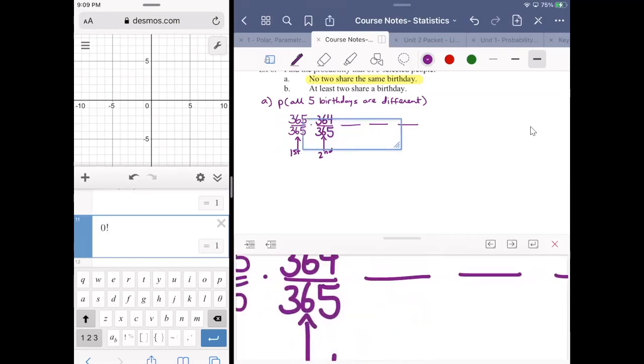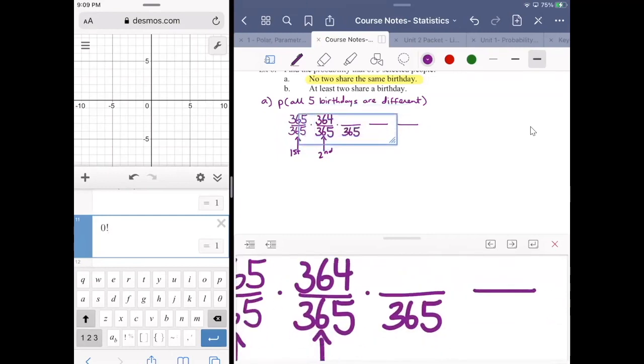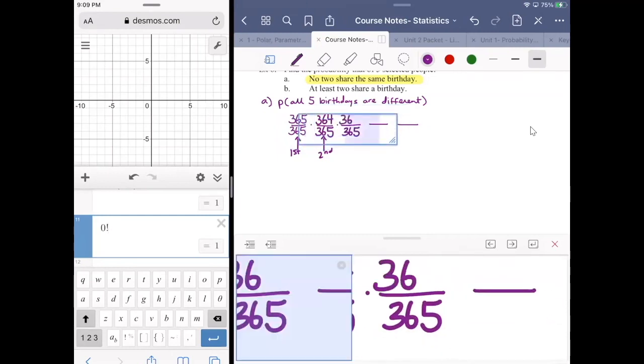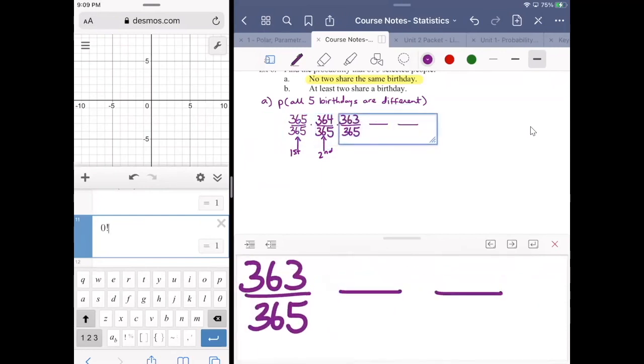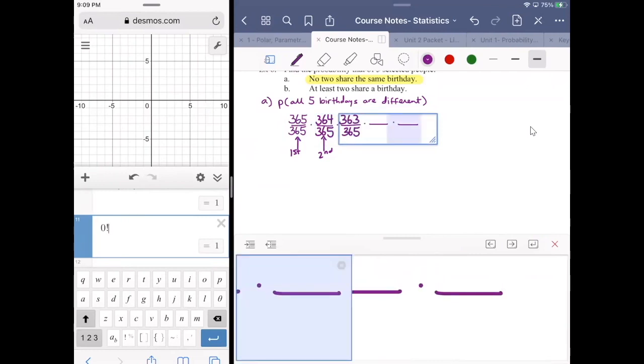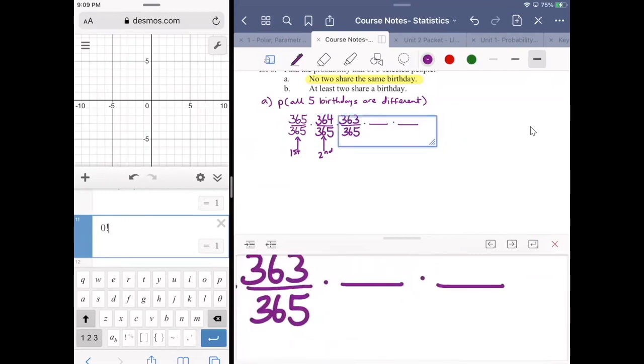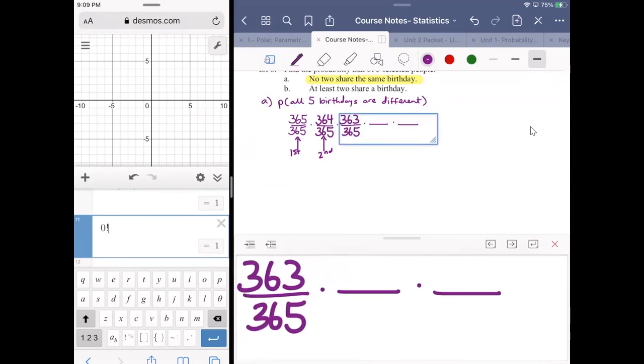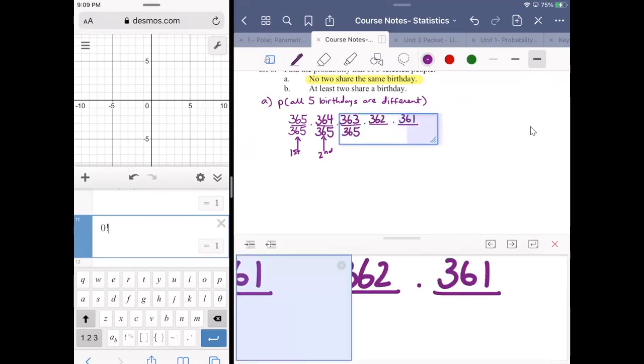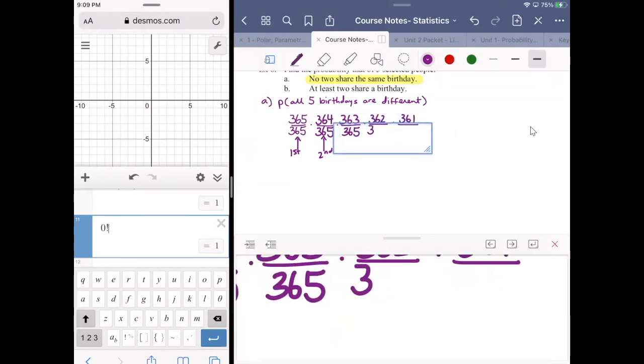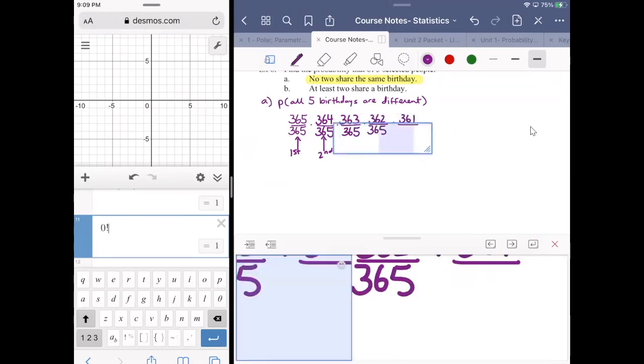So there's still 365 days available in the year, but the third person can only be born, if this is going to work, it can only be born on 363 of those days. Once you get a sense of the trend, you start realizing, oh, okay, we're just decreasing across the top and keeping the bottom the same.